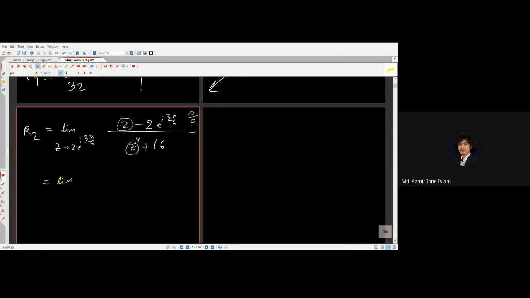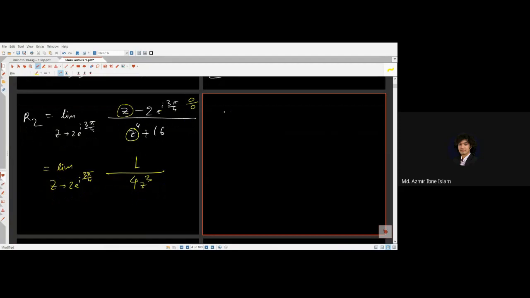So limit z tends to 2 e to the power I 3 pi by 4. If we differentiate this one, it will be 1. If we differentiate this one, it will be 4z cubed. Now we can input. So limit z tends to 2 e to the power I 3 pi by 4, 1 over 4 times z, this time 2 e to the power I 3 pi over 4, cubed.